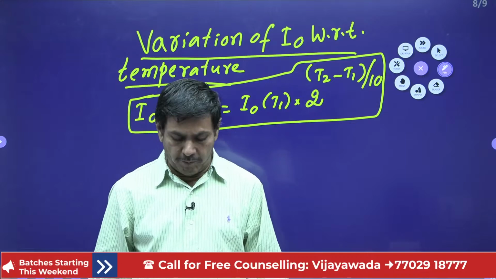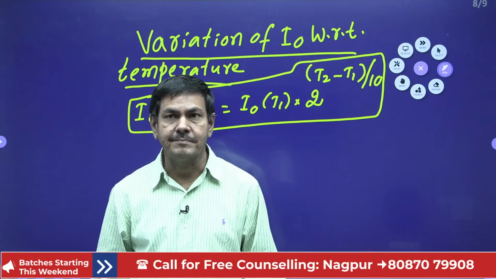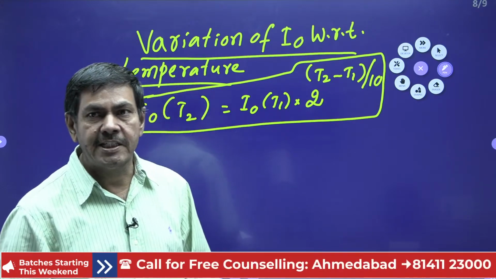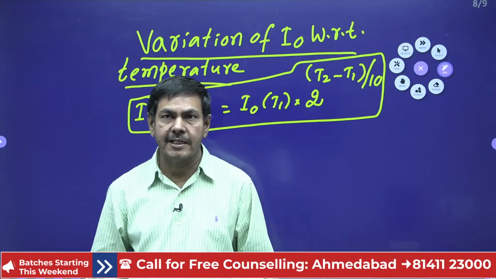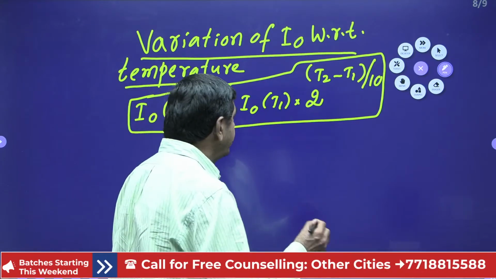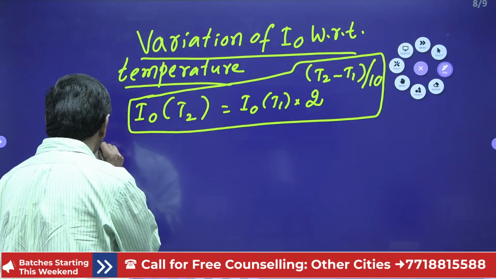I will give one problem, then you can understand how this formula will be used in PSUs, engineering services, even in the GATE exam. Just one problem I will give.